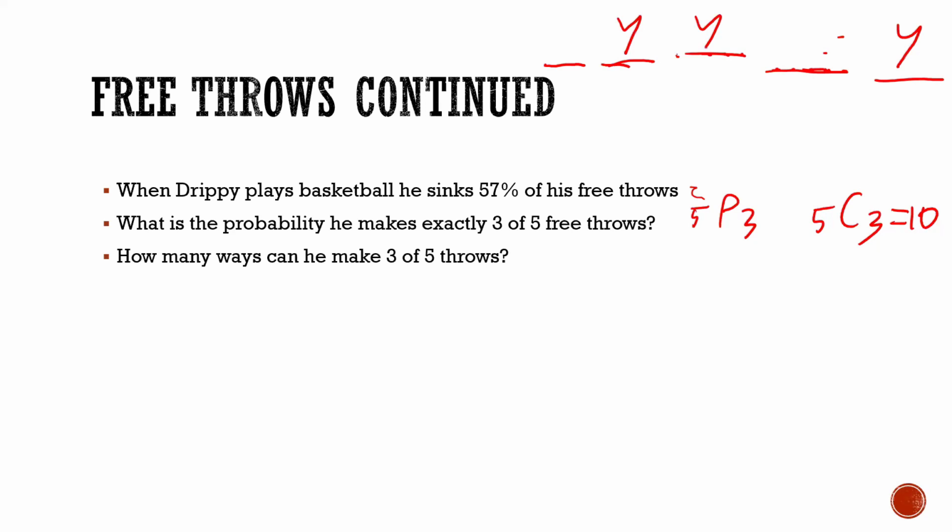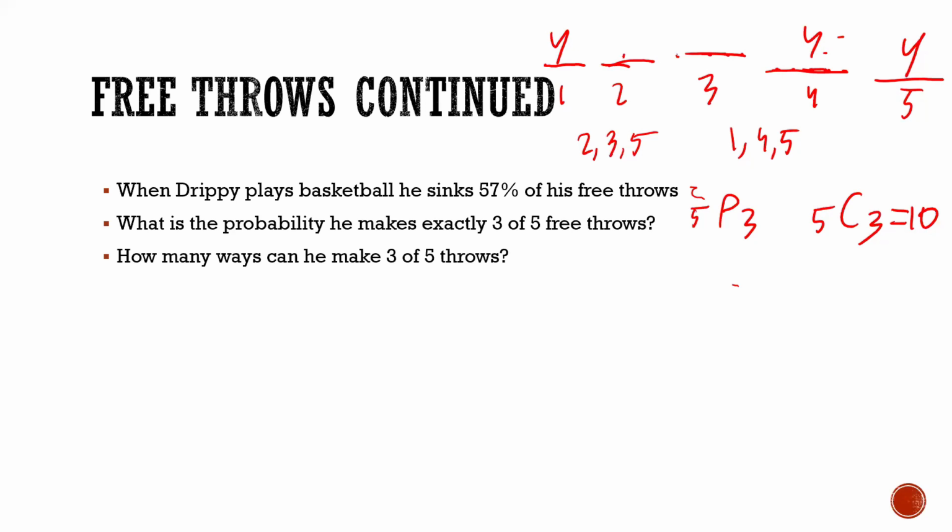this, right? So notice you can number the shots. This could be represented by 2, 3, 5. That's one way to do it. Another way to do it would be 1, 4, 5, right?